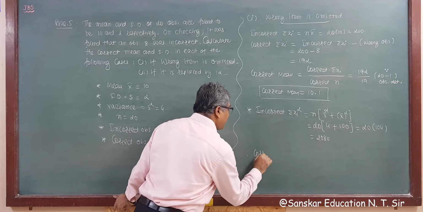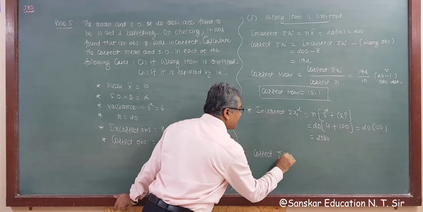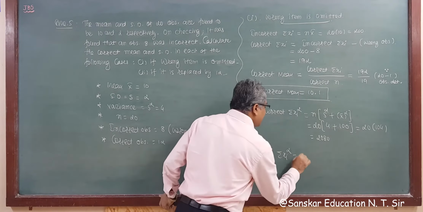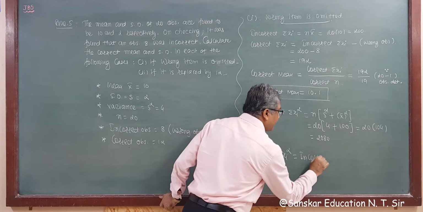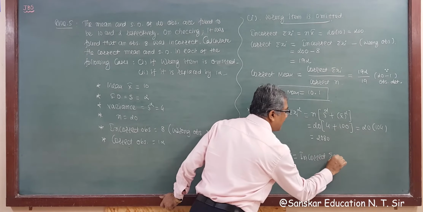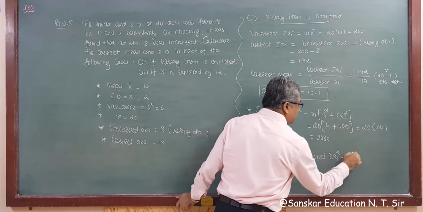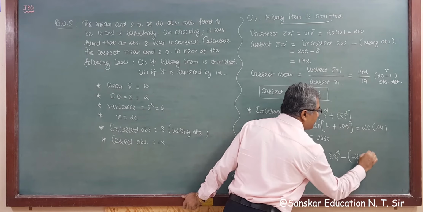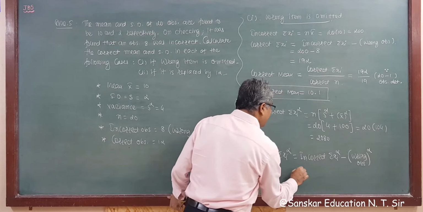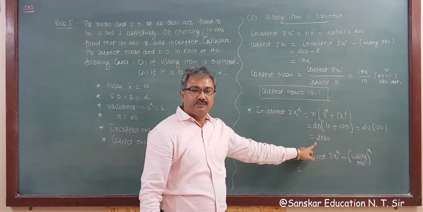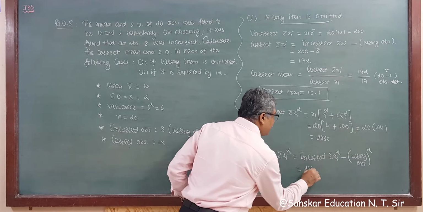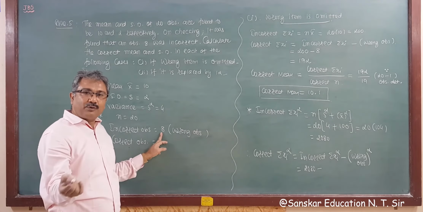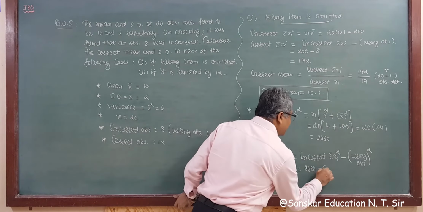Now the correct sigma xi square is equal to incorrect sigma xi square minus the wrong observation square. The incorrect sigma xi square is 2080, and the wrong observation is 8, so we subtract 8 square, that is 64.